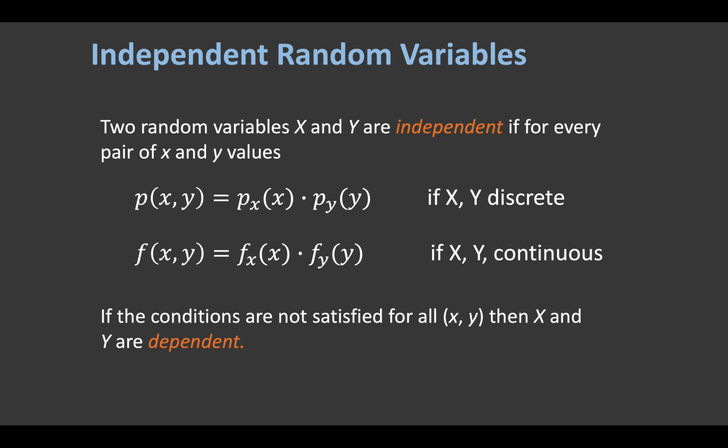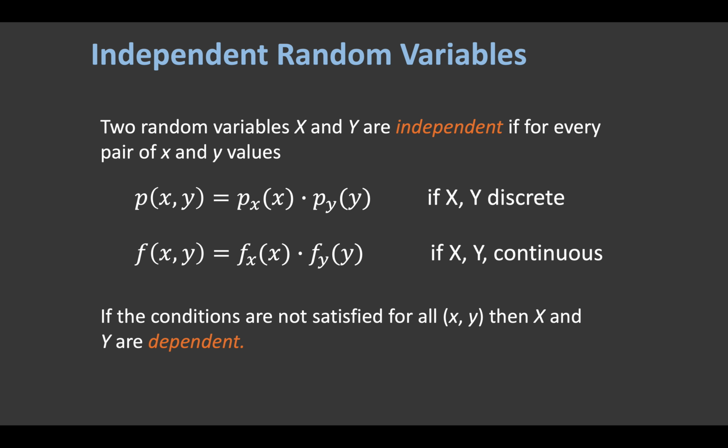For discrete random variables, p(x, y) for all the values equals p_X(x) multiplied by p_Y(y). So basically, the joint mass function for all the values equals the marginal mass function for X multiplied by the marginal mass function for Y, right? So that's for discrete random variables.